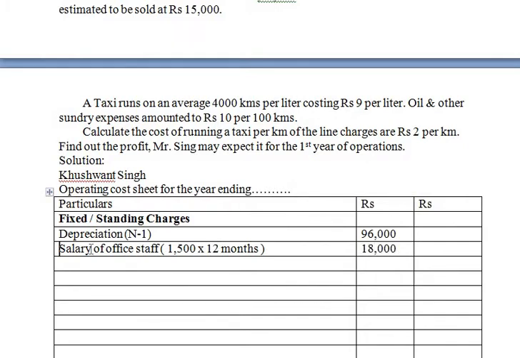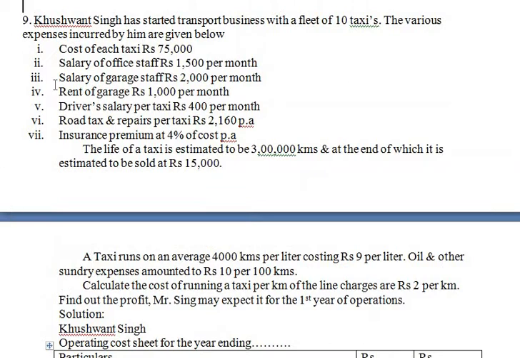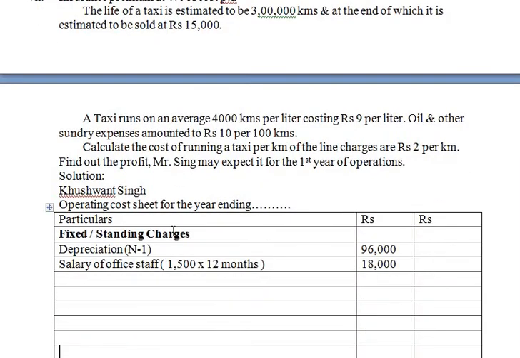Now next, salary of garage staff, it is 2,000 per month. 2,000 into 12 months, that is 24,000.